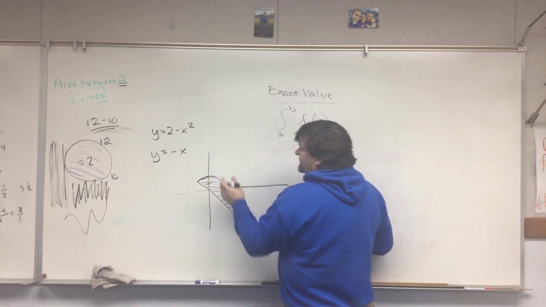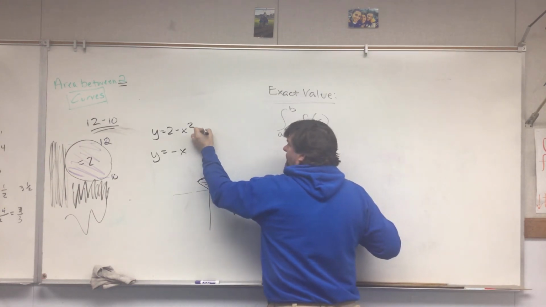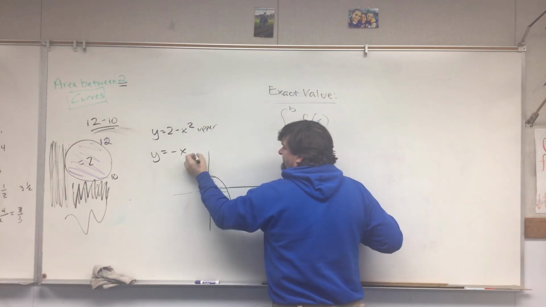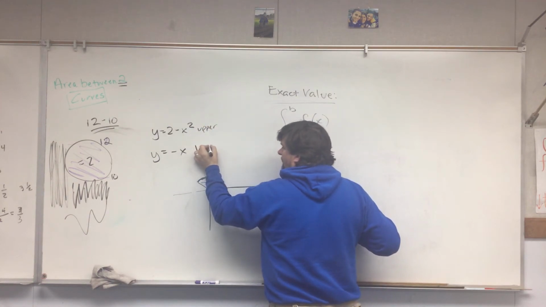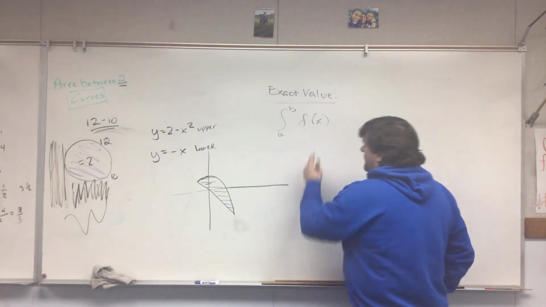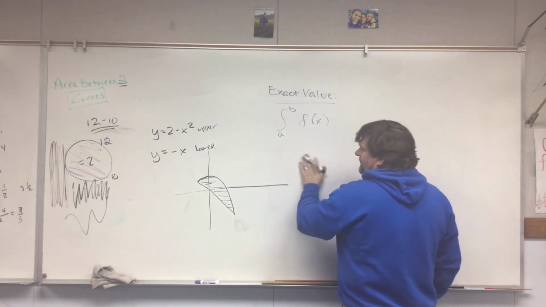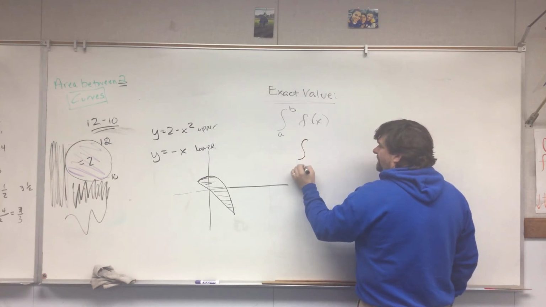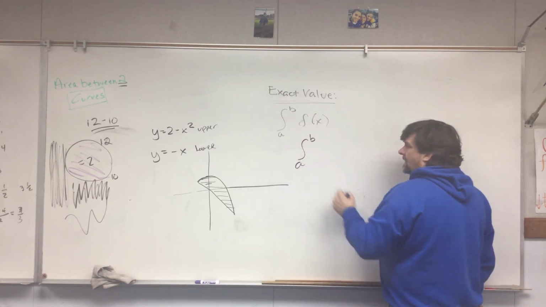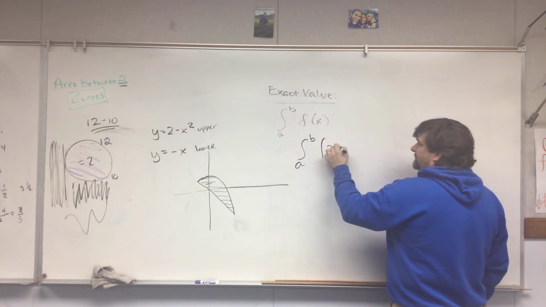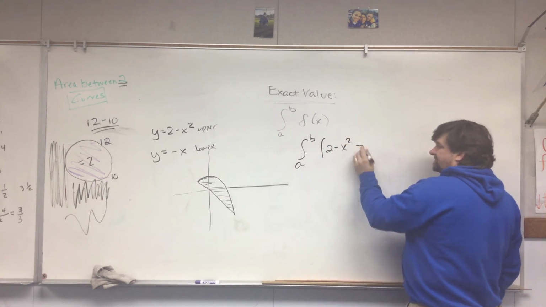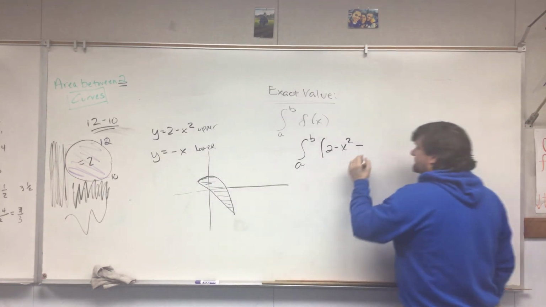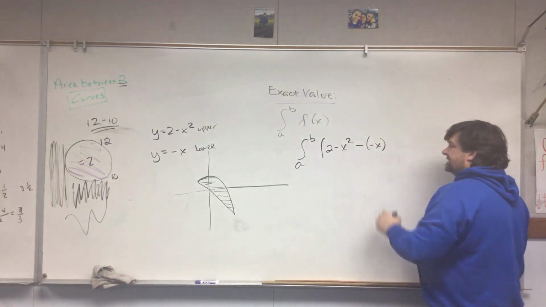Okay, now, so we've got our upper. This is our upper, no problem. This is our lower. So we're going to take the exact value and we're going to deal with the same thing. So we're going to have the integral from a to b of the upper, which is 2 minus x squared, subtract the lower, which is negative x.